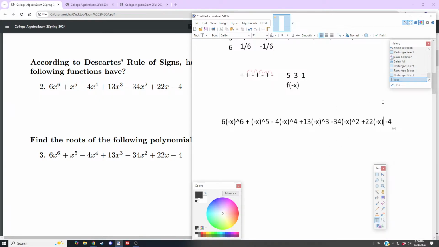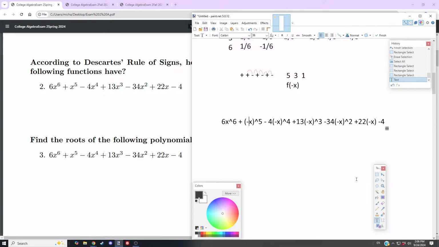So when I go through this and I plug in negative x, the first thing I notice is that when I have an even number of x's, like this 6 here, then all of the negative signs cancel, and I just get back what I started.